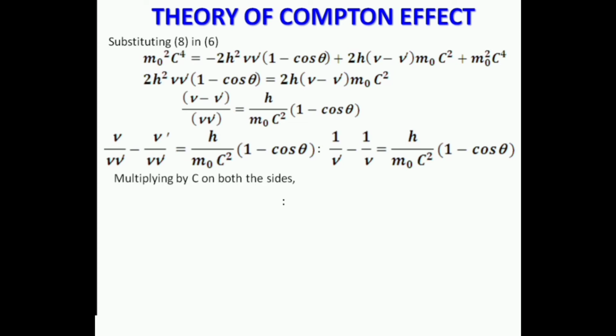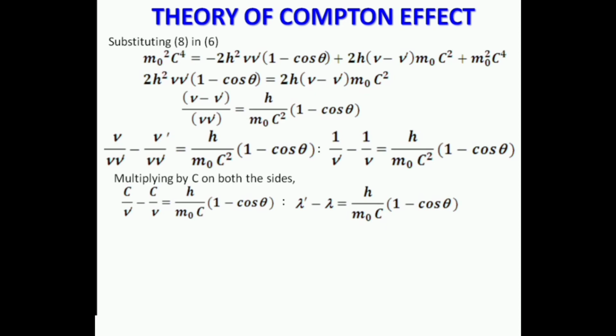So let's derive the Compton effect equations in terms of wavelength. Multiplying equation C on both sides, we have c/ν' − c/ν = h/(m₀c) (1 − cos θ). Substituting c/ν' as λ' and c/ν as λ, we get λ' − λ = h/(m₀c) (1 − cos θ).